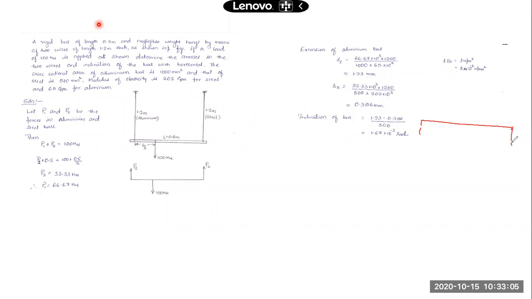Delta 1 and delta 2, this extension is more. This is the inclination you are getting here, that is what we have found in terms of radians. Is that fine? Any difficulty in that part?